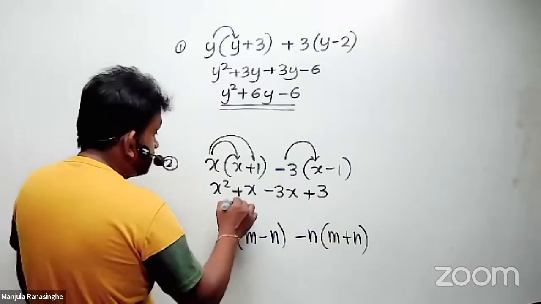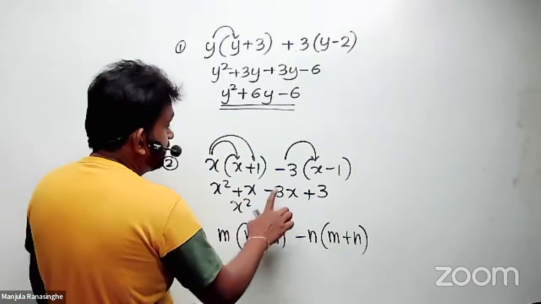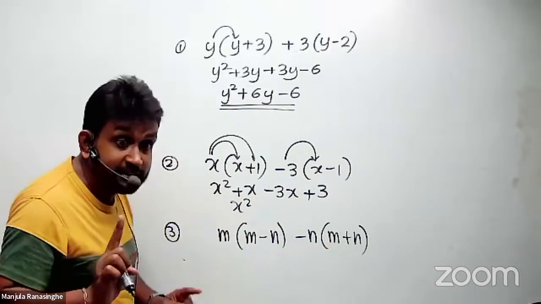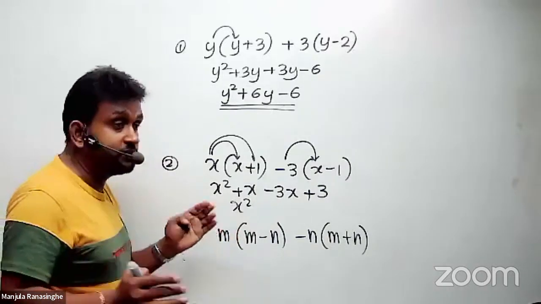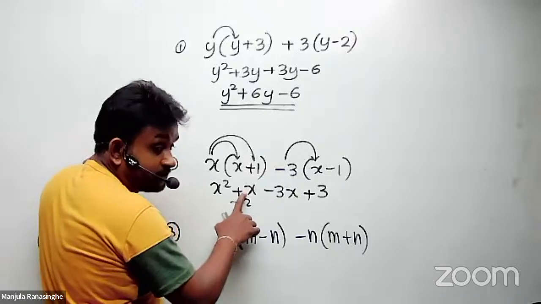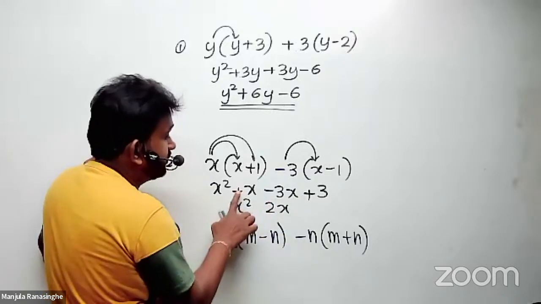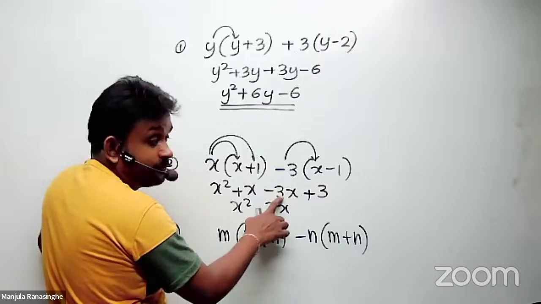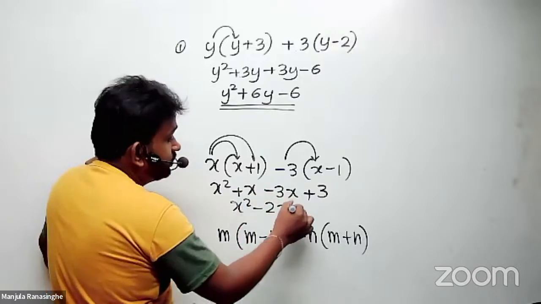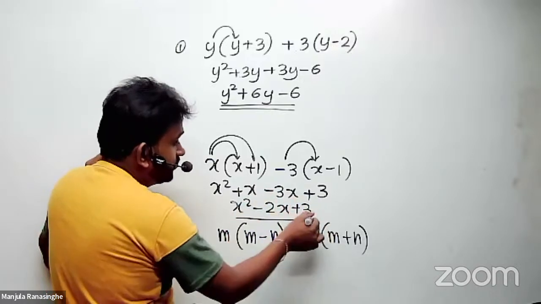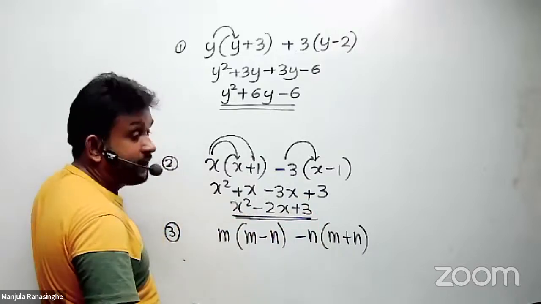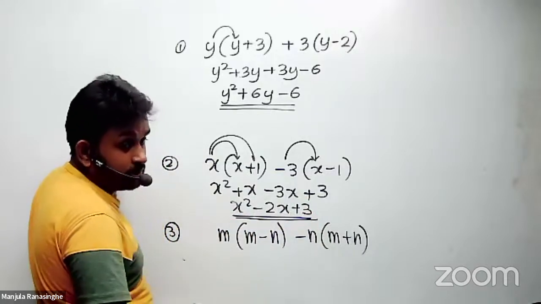Now we have x squared, positive x minus 3x means what? Now the signs are different, then we subtract. 3 subtract 1, 2, 2x, but it gets the sign of the bigger one, which is negative. 2x plus 3. So the answer is x squared minus 2x plus 3.